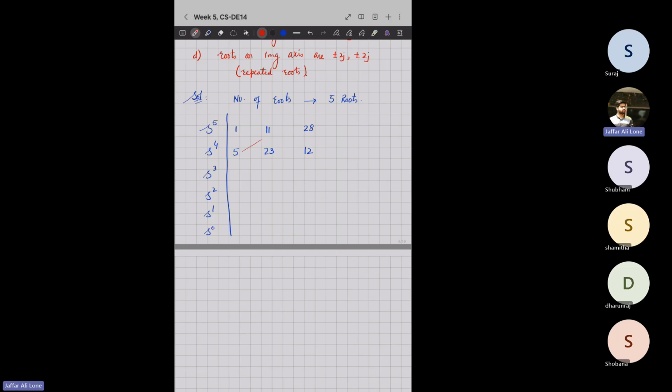For this S3, we'll multiply these two, like it will be 5 into 11 minus 23 into 1 divided by 5. Similarly, the other will be 5 into 28 minus 12 into 1 divided by 5.